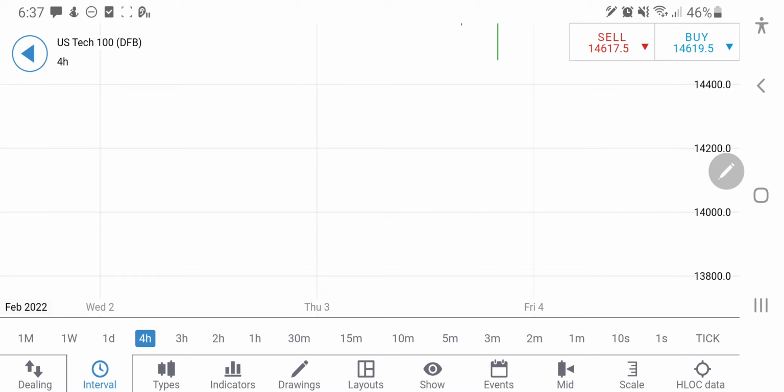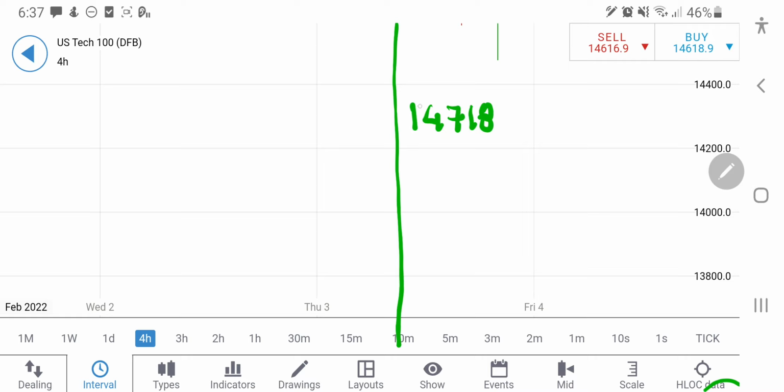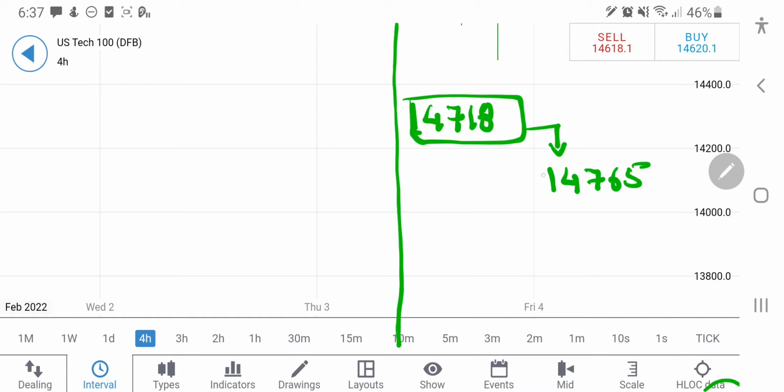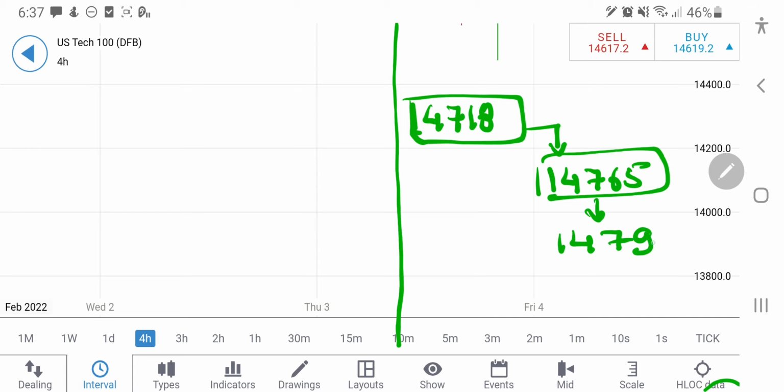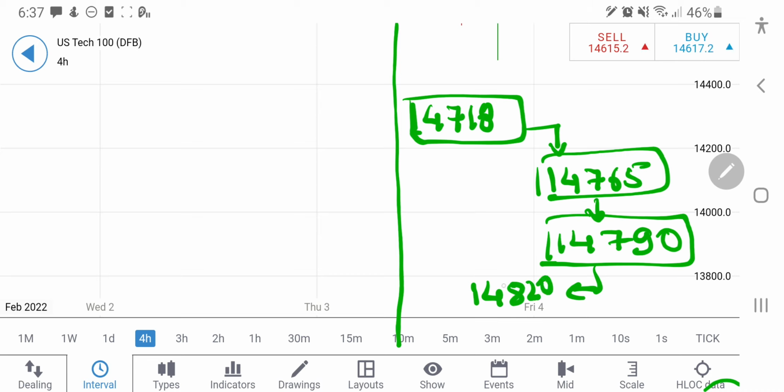I hope those who have listened to the complete analysis would have got what I'm trying to say. Now, the only long entry is beyond 14718 levels. Once it breaks 14718, you can go long for the next targets at 14765, 14790, 14820.